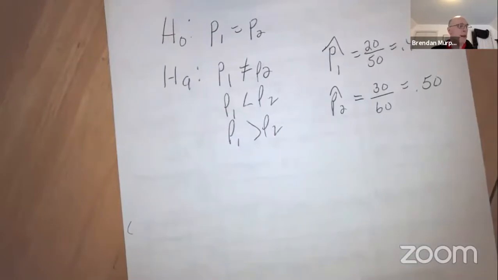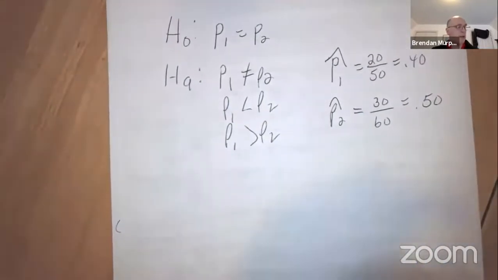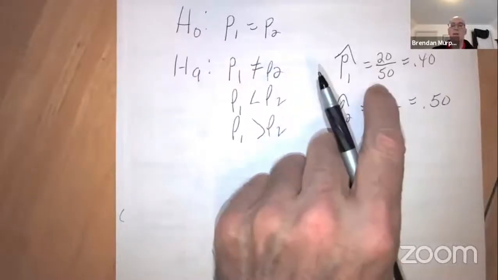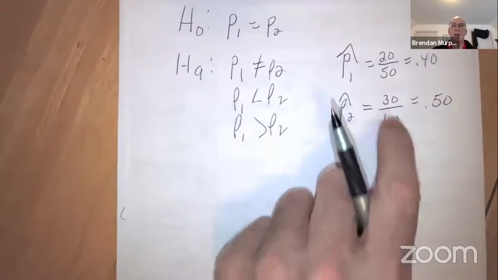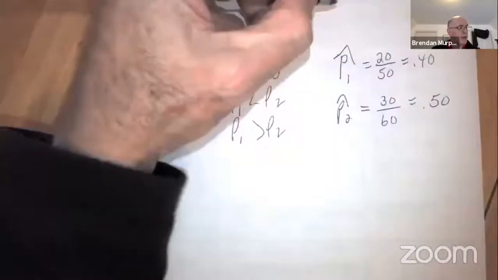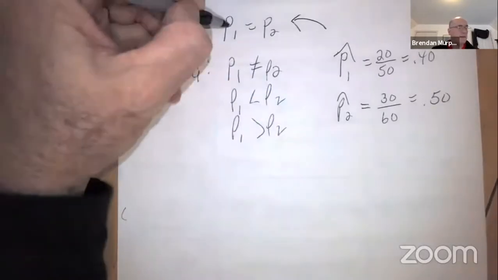So I really know nothing about my population parameters at this point. I've taken two smaller samples. The first sample was 20 over 50, or 40%. My second sample was 30 over 60, or 50%. But again, the first thing I wrote down on my paper was, well, those two population proportions are the same. The problem is I don't know what this is. I don't know what that is.